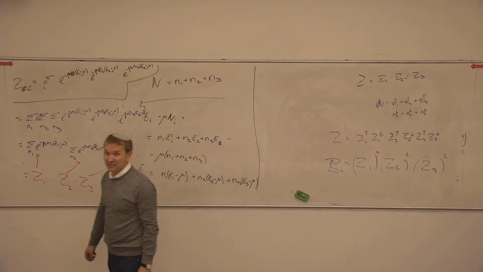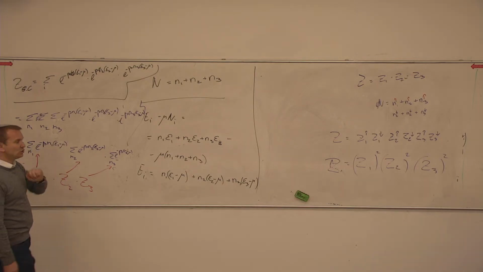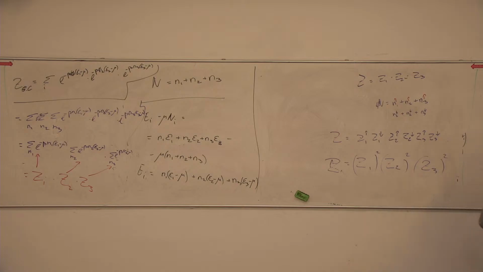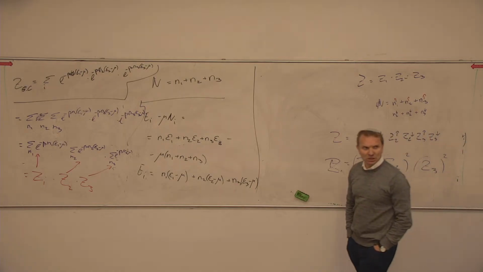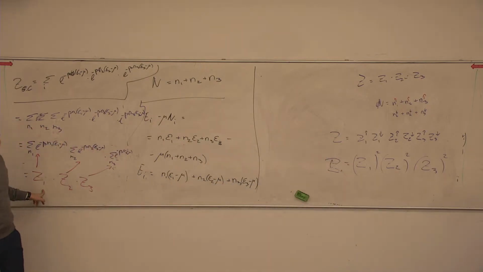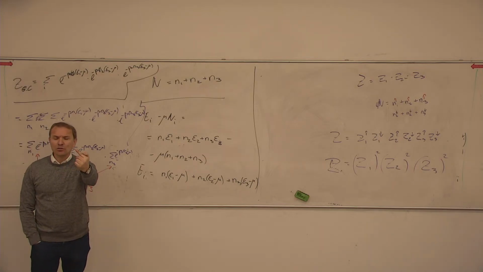That's it. So what we have managed to obtain here, when we look at systems of fermions, is that the partition function is just a factorization of different partition functions of different states. What is independent is not the particles.